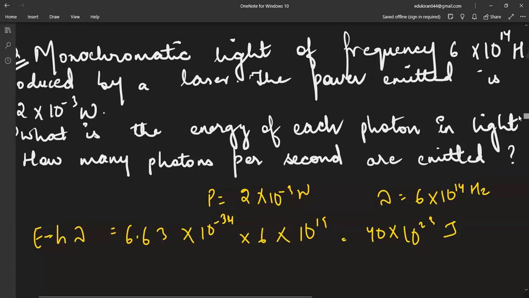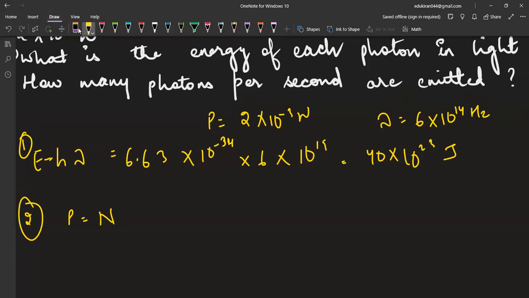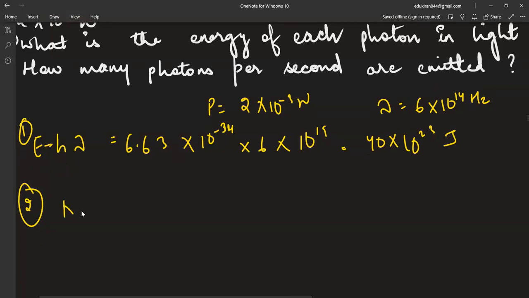How many photons per second are emitted? So the first part is easy. For the second part, see, power is equal to the number of photons times energy, or directly I'll tell you: whenever the number of photons is asked, it is power by energy.